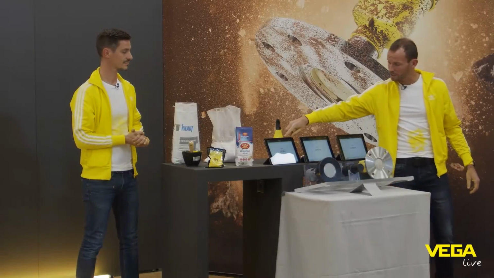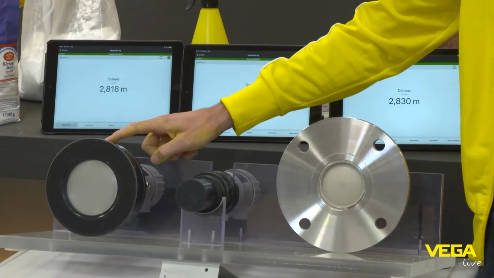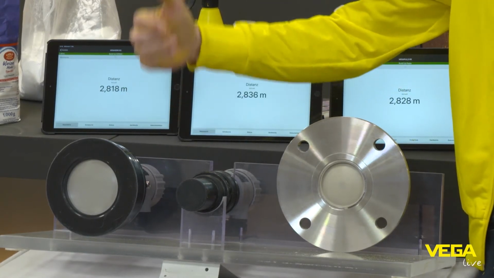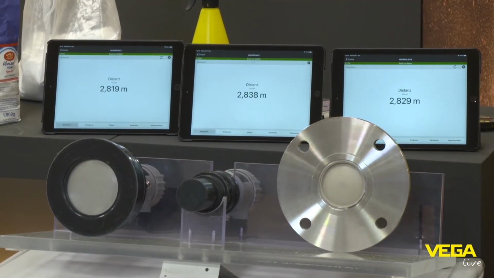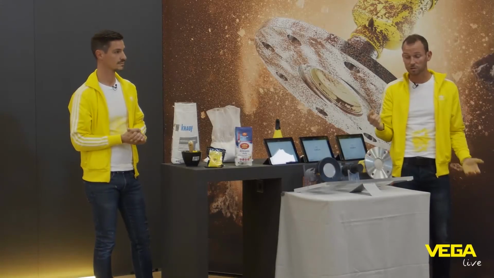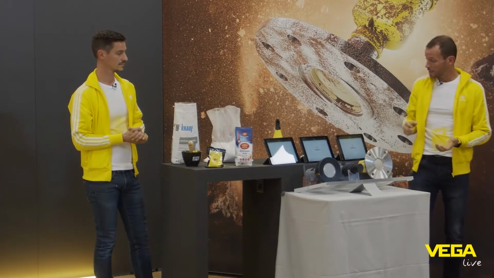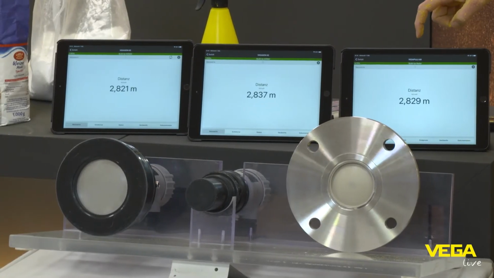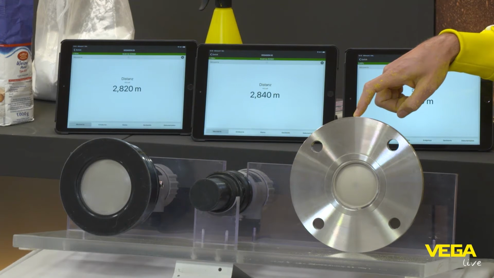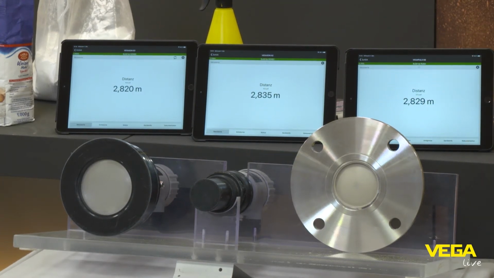So this tablet over here is connected to the Vega Son 63, and we measure a distance of 2.8 meters from here to the wall. Over here, this is connected to the Vega Son 62. We measure from here to here, which is also 2.8 meters. And over here we have our Vega Pulse 69, and also here you see a measurement value of 2.8 meters.